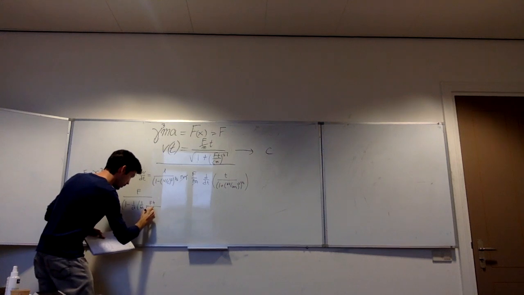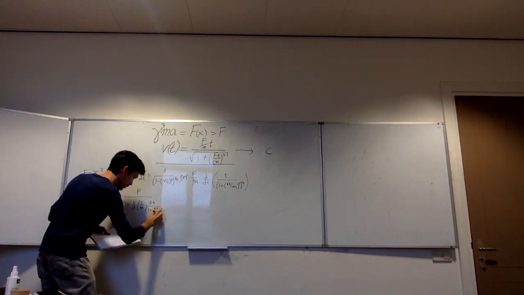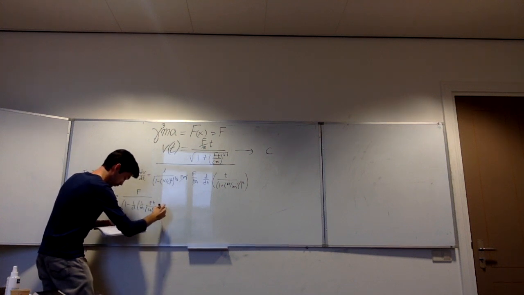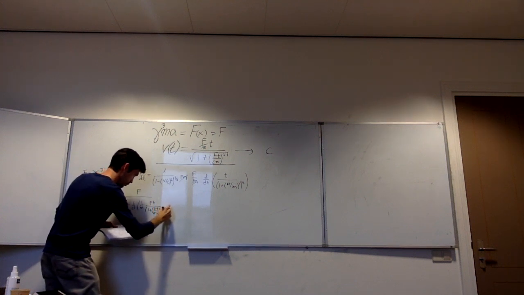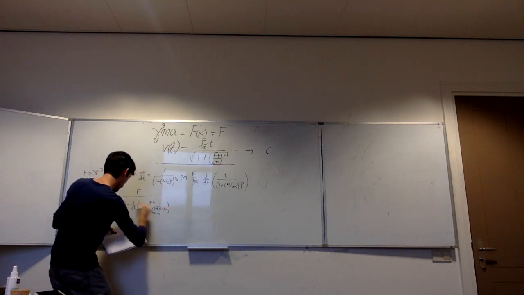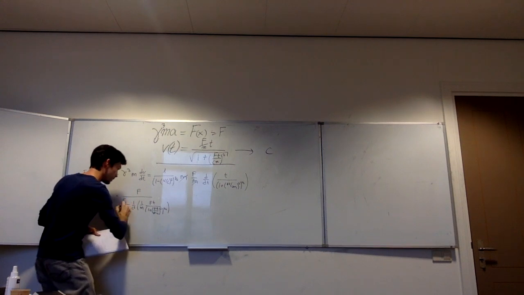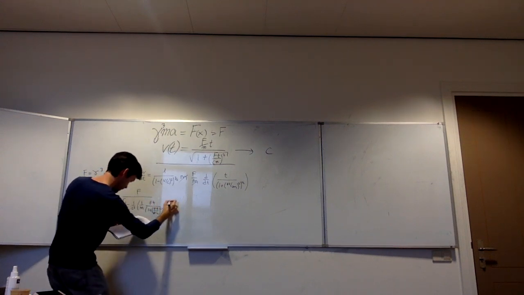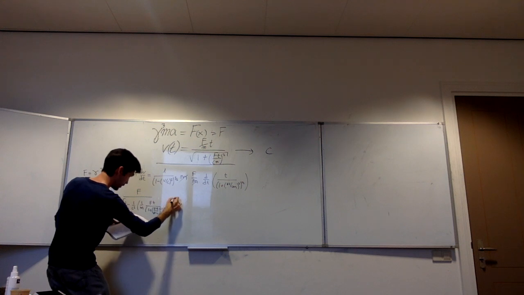1 plus Ft divided by mc, again squared, to the power of 1 over 2, and all these square brackets, just in case I don't get confused. This is also squared. This is 3 divided by 2.